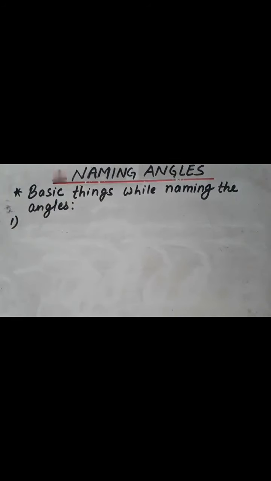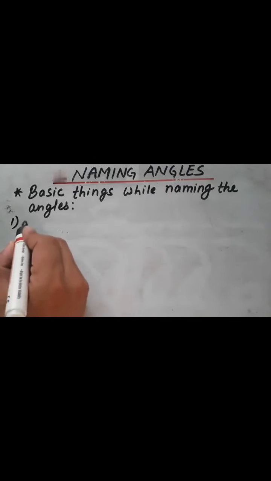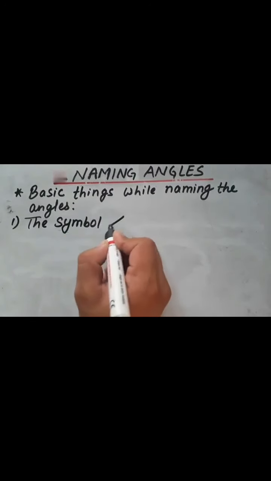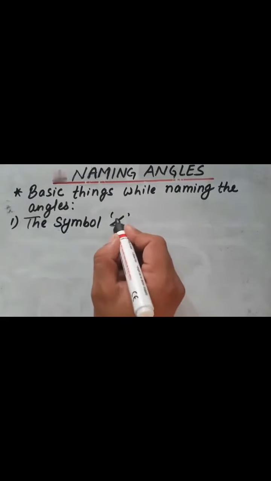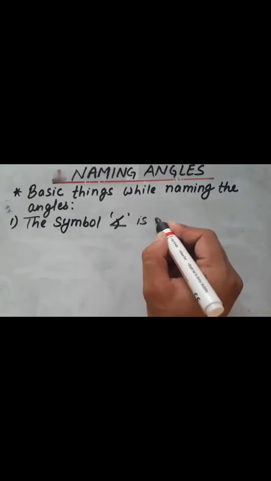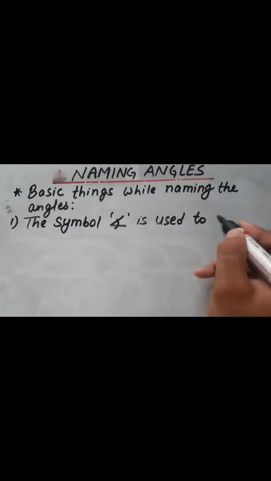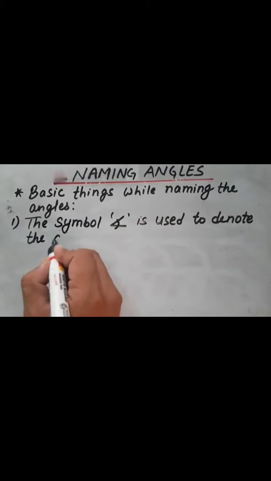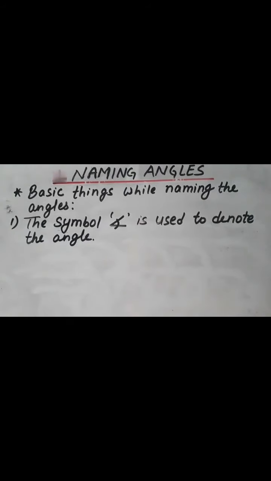So students, the very first point which we need to consider while naming the angles is the symbol of the angle. How can we denote the angle? The symbol of angle is used to denote the angle.